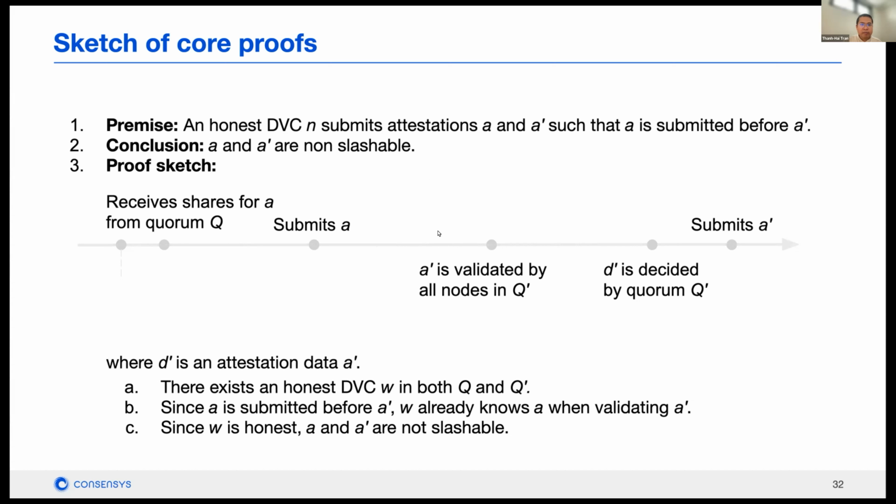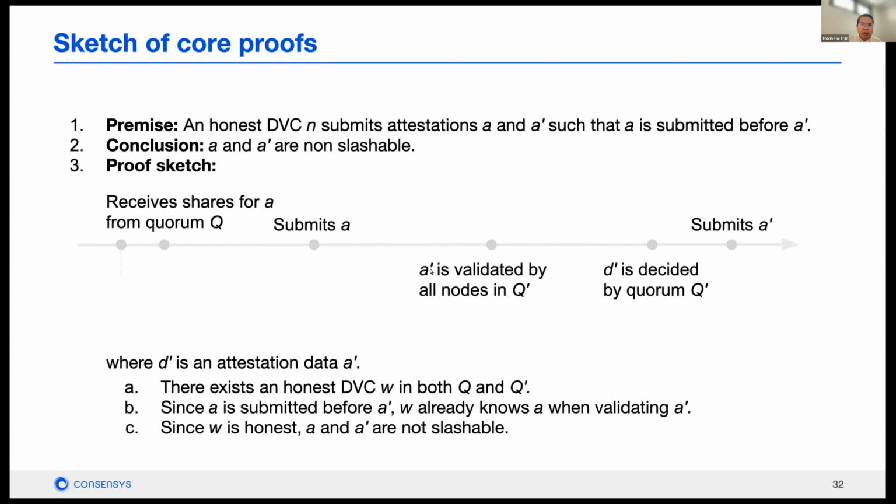In this diagram, we have two important events, which are the submissions of A and A prime. Let's see what happens before the submission of A prime. We know that to submit A prime, a decided data D prime of A prime must be decided by some quorum Q prime.